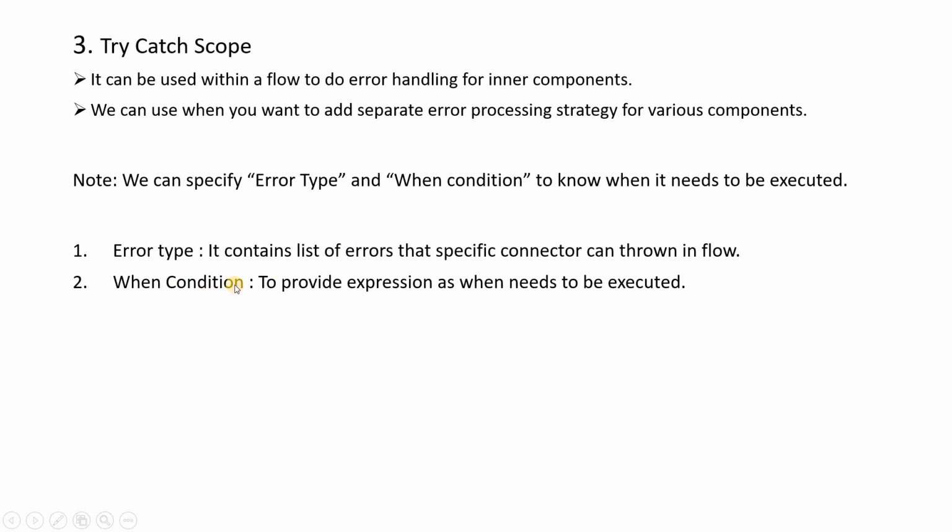The when condition means providing an expression for when it needs to be executed. If an error comes, then that particular condition determines when it is executed. So this is about the error type and when conditions.